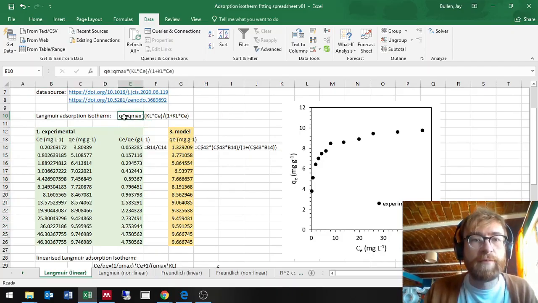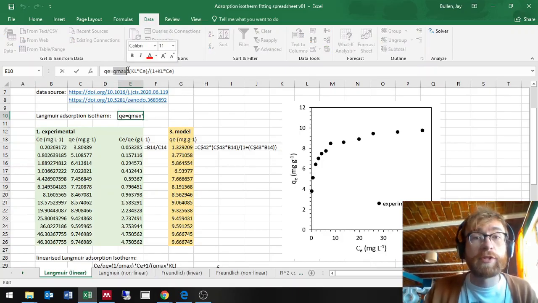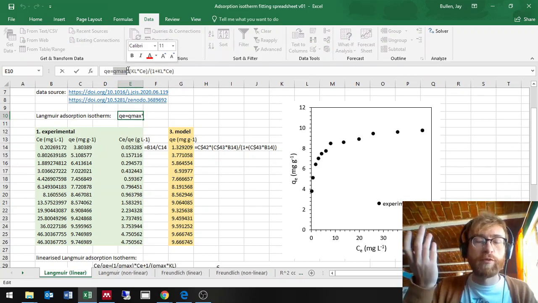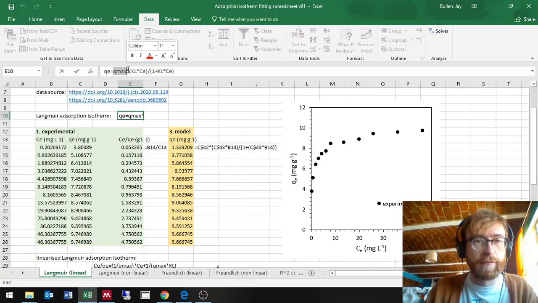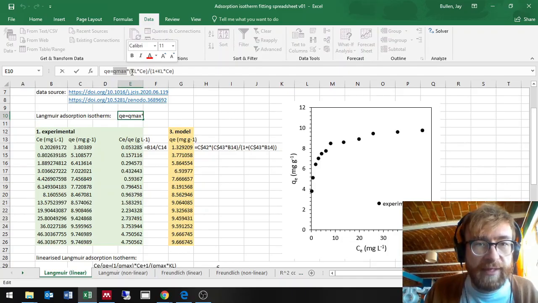You have QE, the quantity of adsorbate adsorbed at equilibrium, equals Qmax, which is the maximum possible concentration of adsorbed adsorbate if you occupied the total surface of your adsorbent. You can do a bit of reading about the Langmuir adsorption isotherm to understand this.